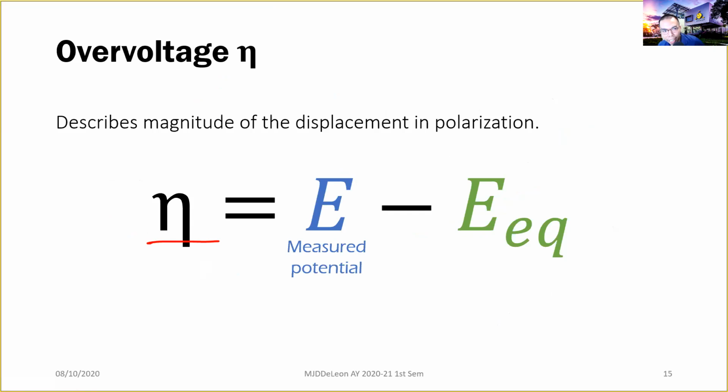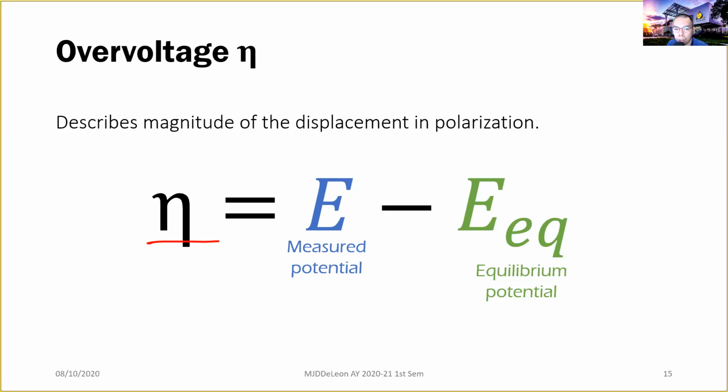So yung eta natin is equal to the measured potential E at our specified current minus yung equilibrium potential natin. This is yung equilibrium reduction potential natin or oxidation potential, equilibrium reduction potential versus a standard reference electrode.